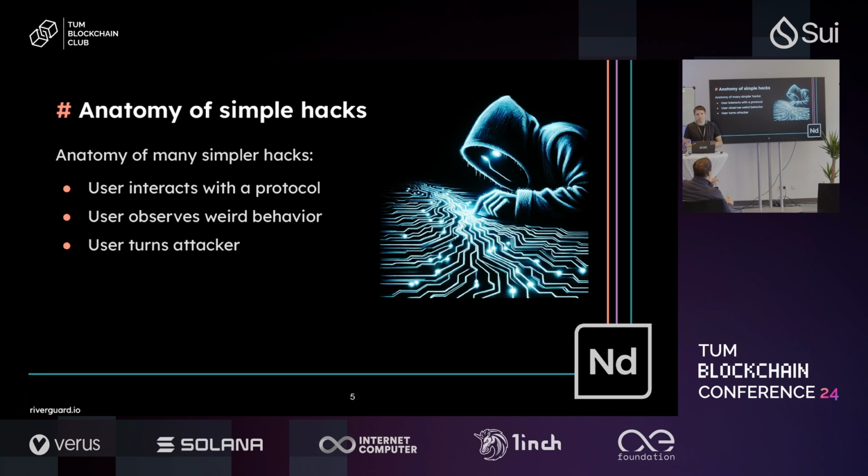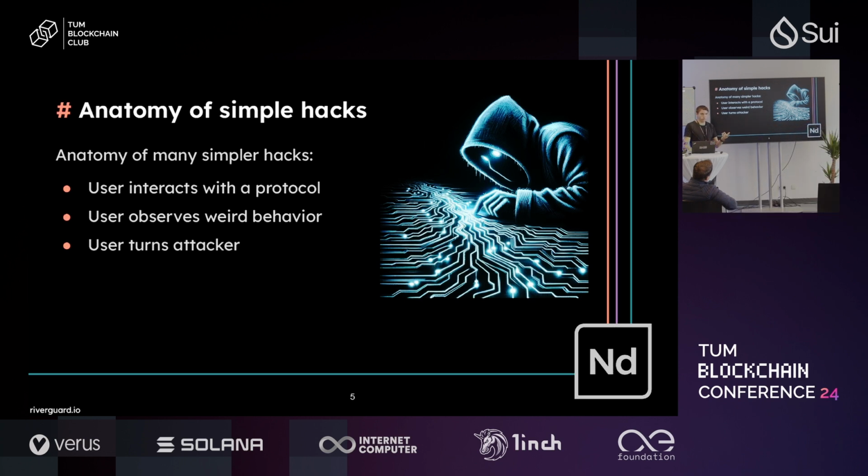And digs deeper, and then it turns out that he manages to get more money out than he initially put into the vault, for example. He turns attacker and starts to exploit the contract. So he interacts with the mainnet, he puts in transactions that behave weirdly, and then exploits it later on.